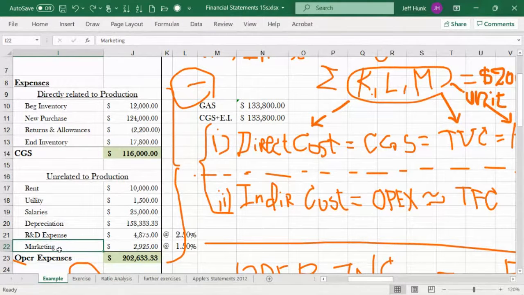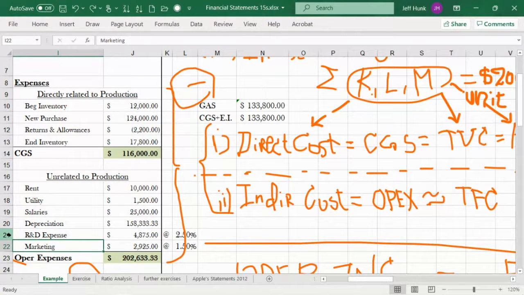Marketing budget is some percentage of the sales revenue, and that was already earmarked. The marketing budget is funded by the revenue from last year, right?